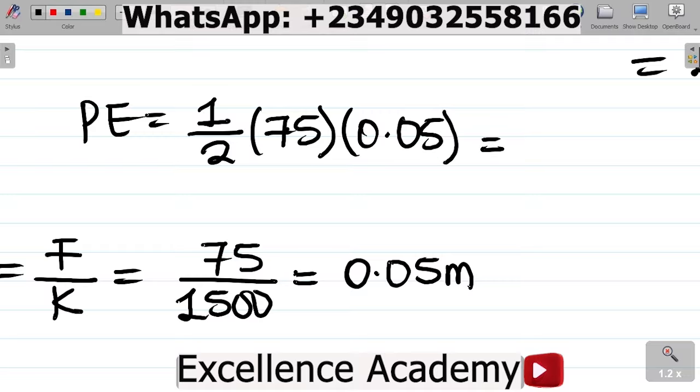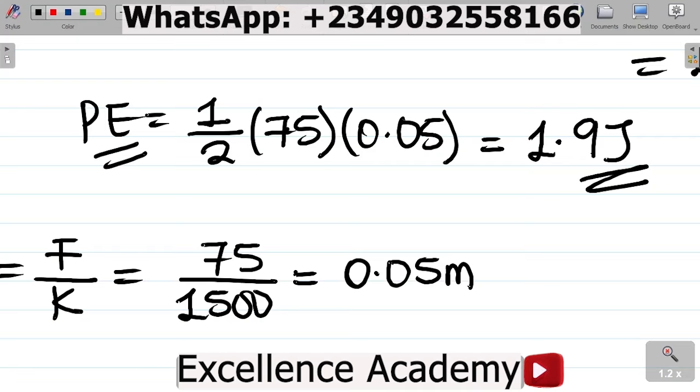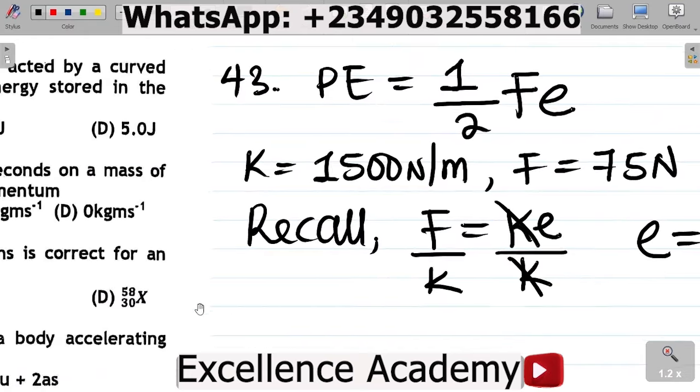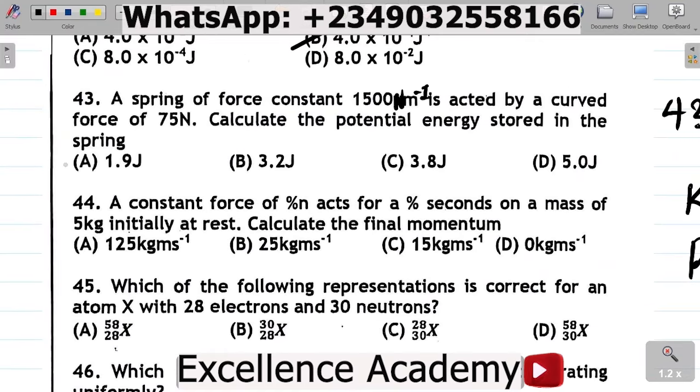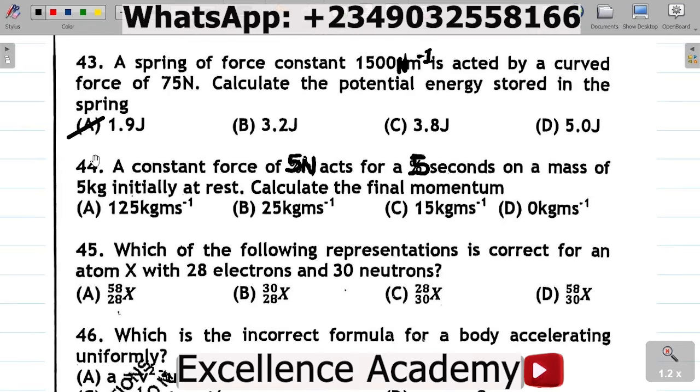Half times 75 times 0.05. You have your answer as 1.875, which is approximately 1.9. We are calculating energy. Energy is in joules. So you have the answer as 1.9 joules approximately. Let's see which option that is. That is option A, 1.9 joules approximately. So you have this.